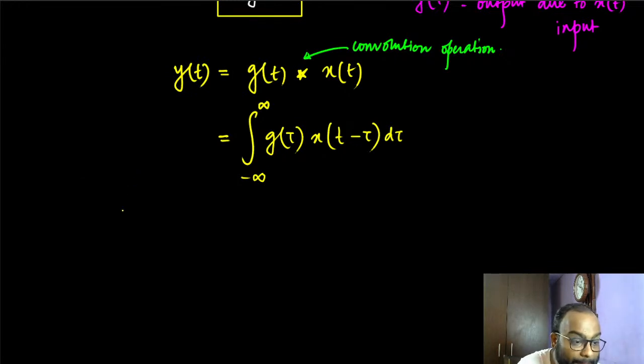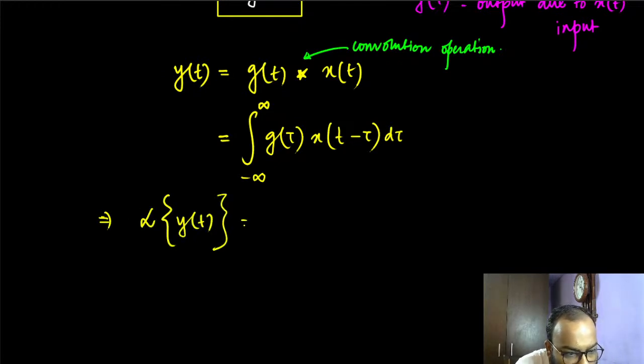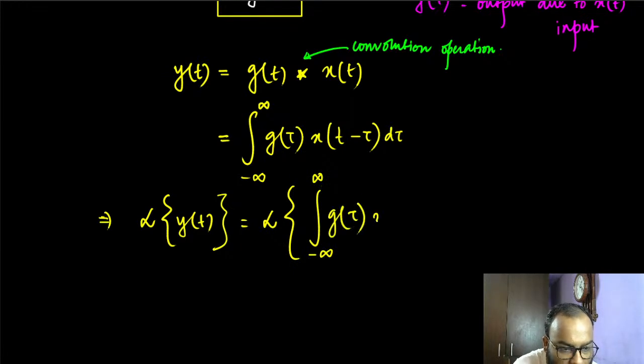This is going to become a double integral here. So let's apply a Laplace transform on both sides, and the moment we do that, we will have a Laplace transform here, and a Laplace transform here. That's going to be g(tau) x(t minus tau) d tau.